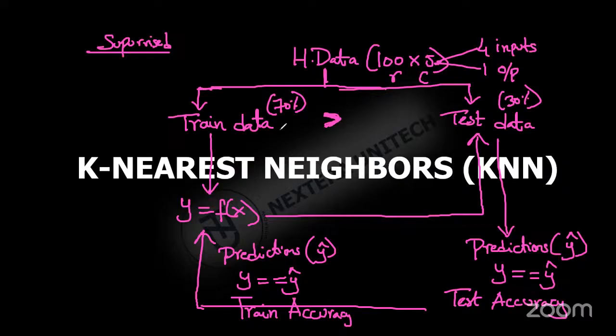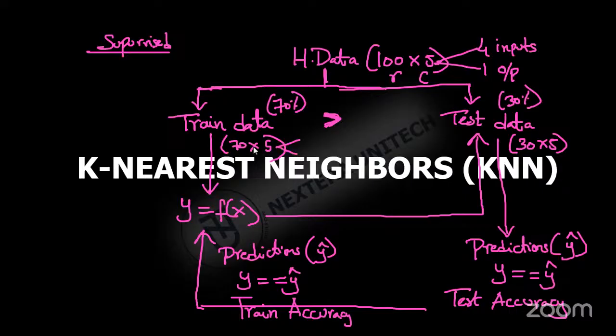Out of 100 records, you are giving 70% for train data, so the train data size will be 70 by 5, and the test data size will be 30 by 5. Now, 70 by 5 represents the train data.